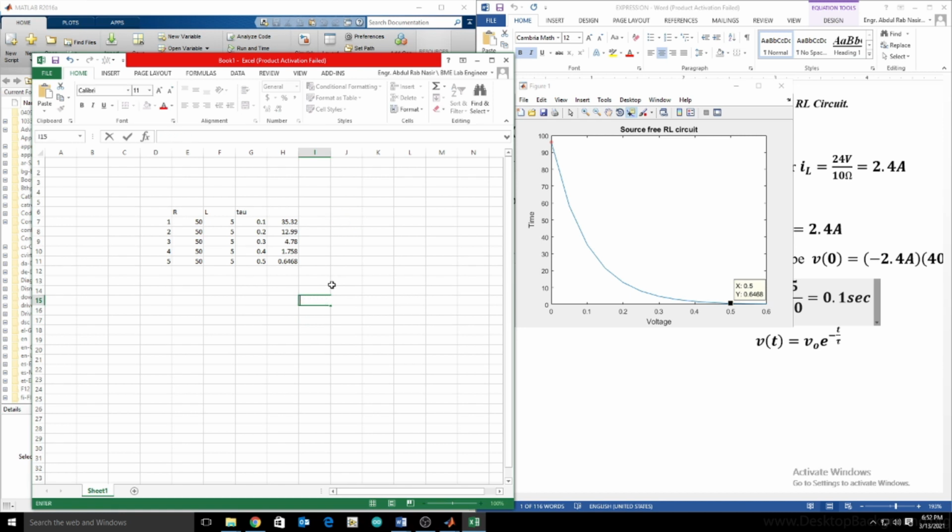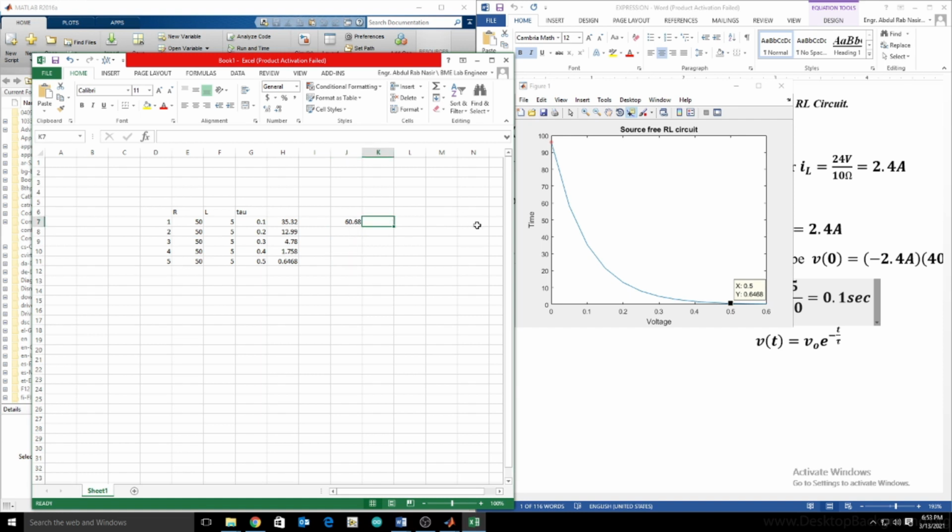The initial value was 96 minus 35.32, so the voltage drop is approximately 60.68, which I will say is 63%. At 1 tau, the drop is 63%, and at 5 tau it is approximately 99%.